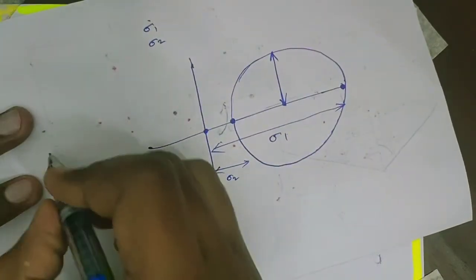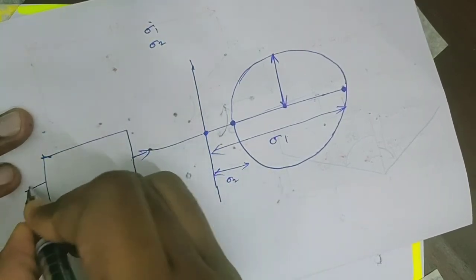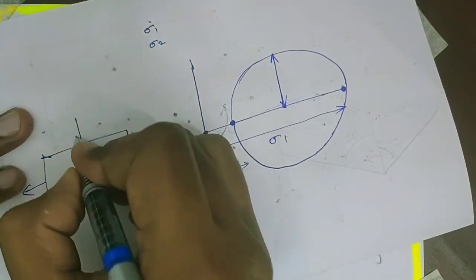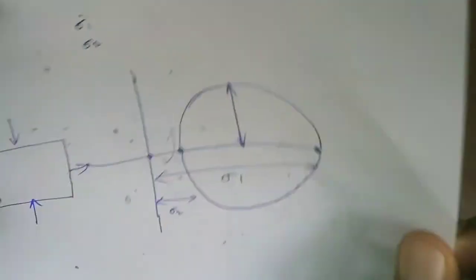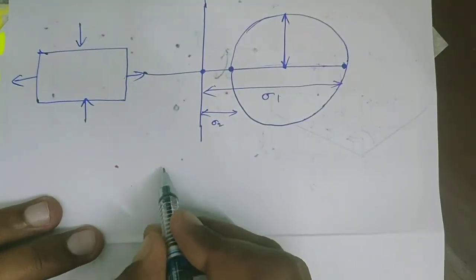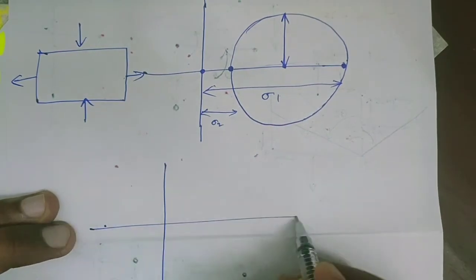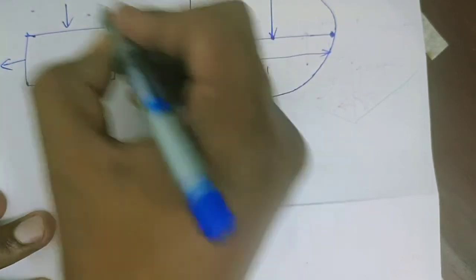Another one: if this particular system has this face containing tensile stress and this face subjected to compressive stress, how can we draw? For example, this is equal to sigma x, this is equal to sigma y.